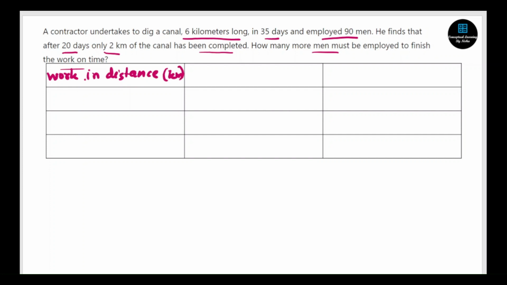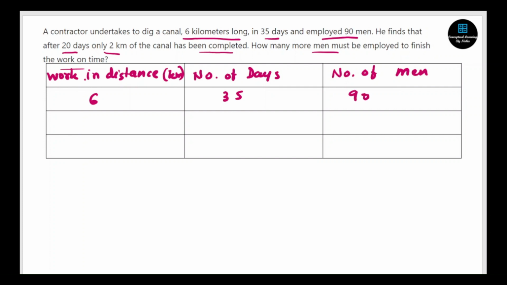Then number of days and number of men. We have these three quantities. Basically, they have given 6 kilometer as the total work, 35 days and 90 men.